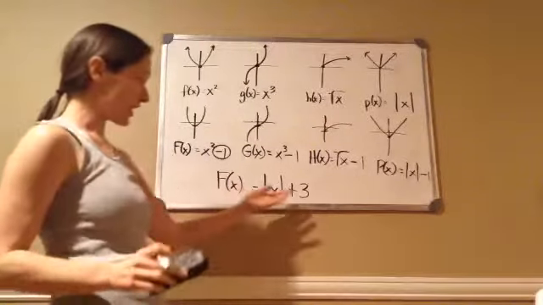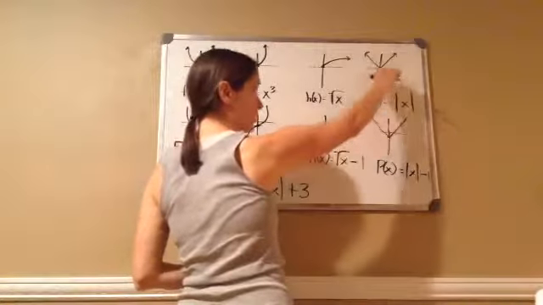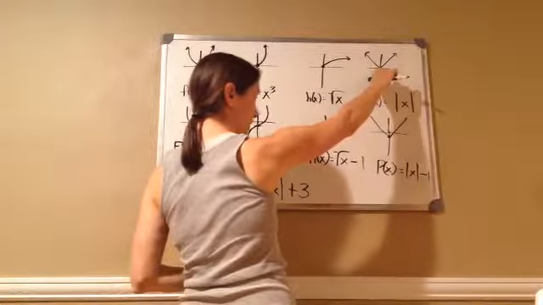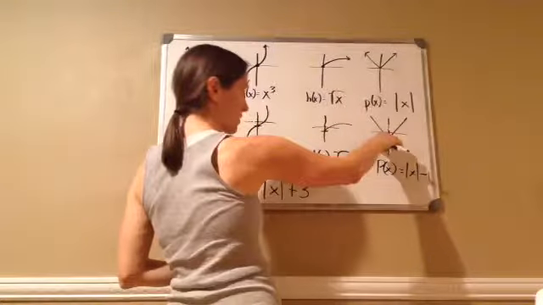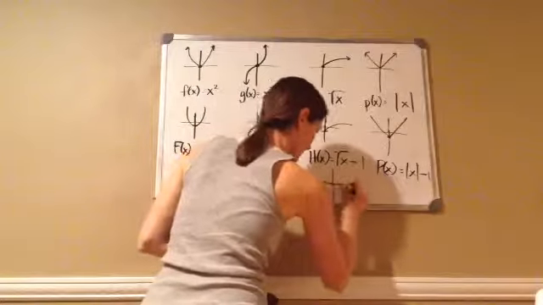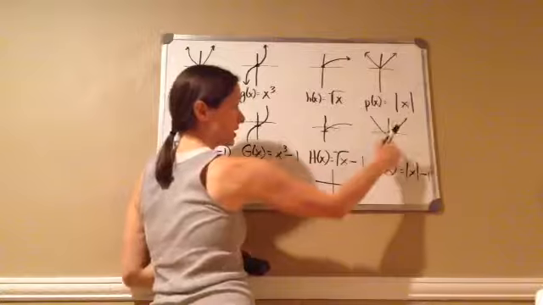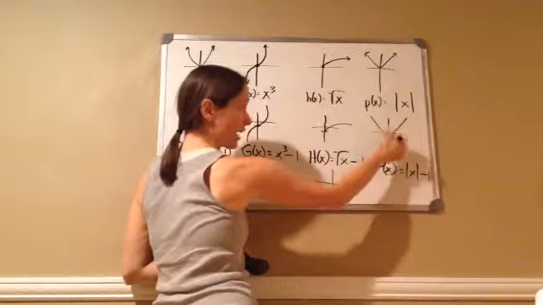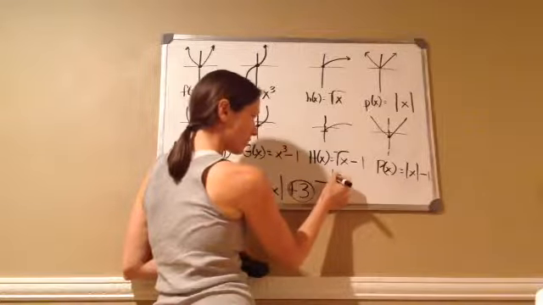But it's actually easier just to go, okay, I know that it's an absolute value, so it's going to look like this. And when it was minus 1, it went down 1. So if it was plus 3, guess what's going to happen? I'm going to draw it right here. I know it's going to look like this, but instead of going down 1, it's actually going to go up 3. So 1, 2, 3.